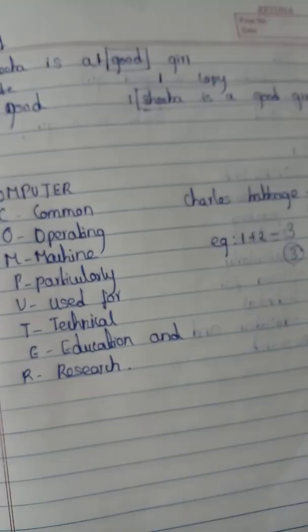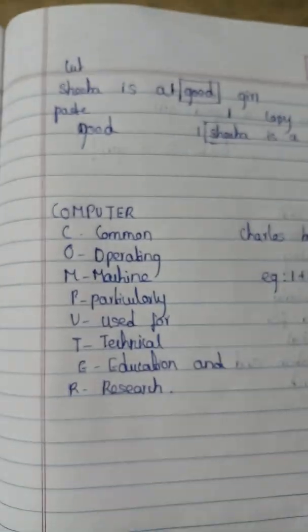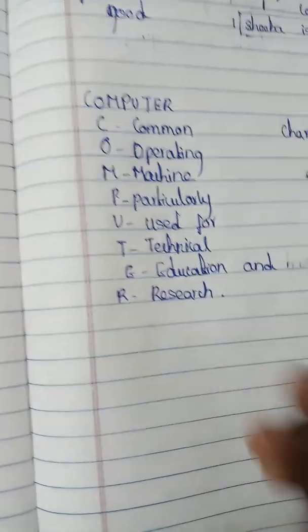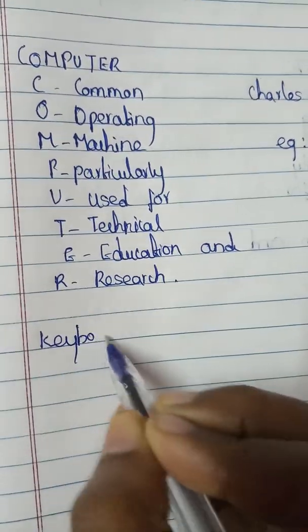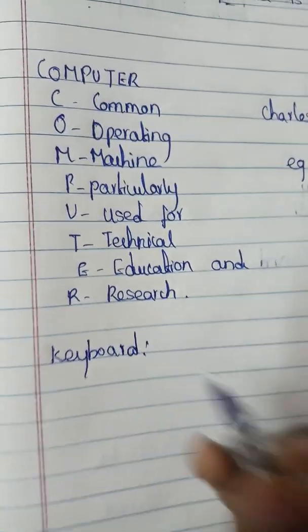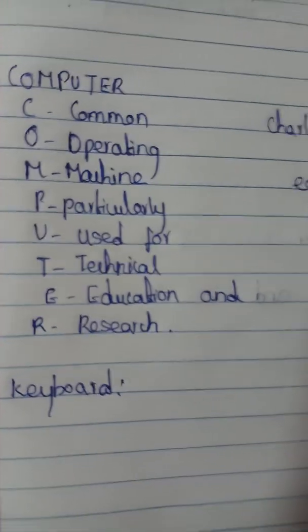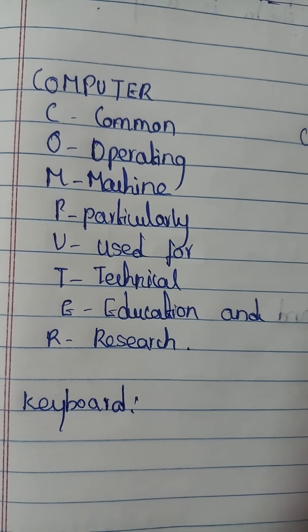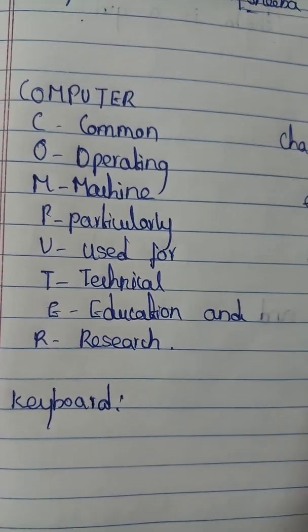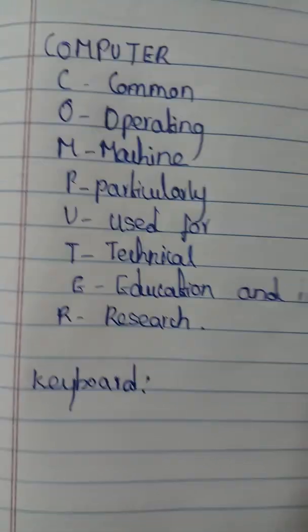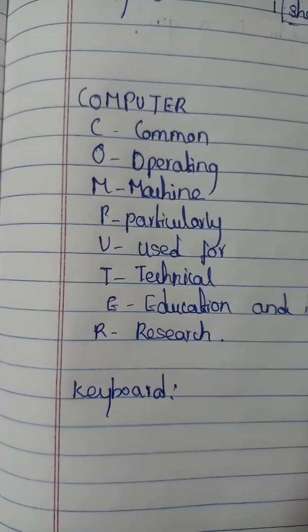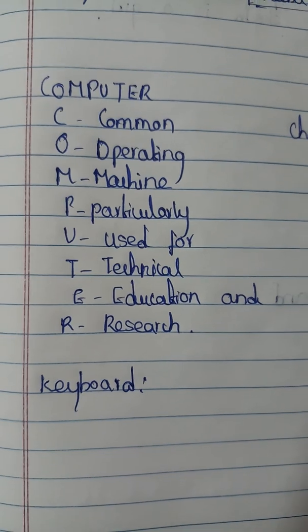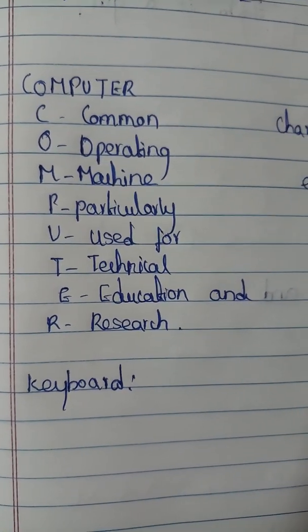And then we can see the parts of the computer. First, we will see the keyboard. Is the keyboard an input device or an output device? It is an input device. We can give the input data by using the keyboard.